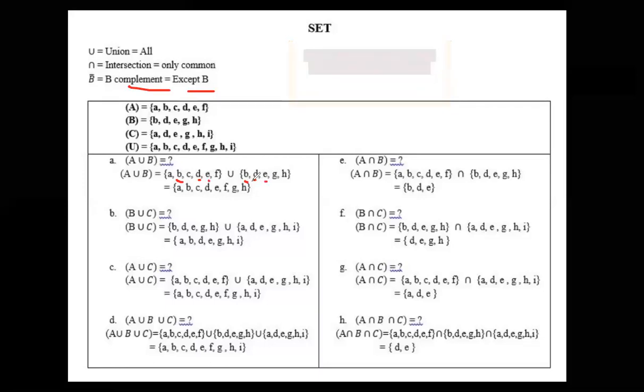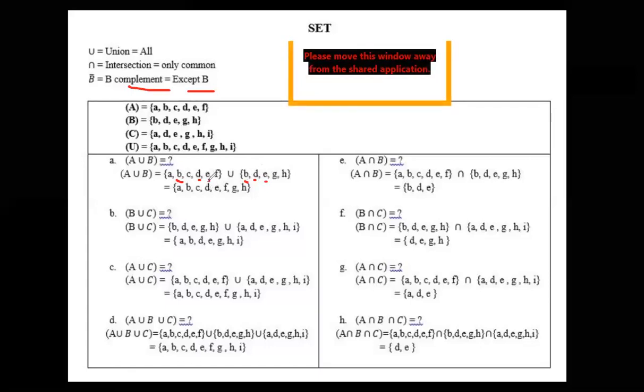Write the repeated numbers once, and write all the other numbers. So write A, write B, write C, write D, write E only one time, write F, G, H. As far as possible, write in alphabetical order, in one order.